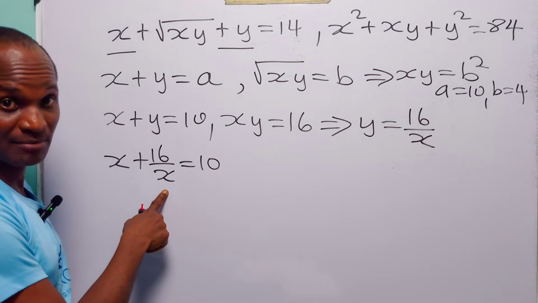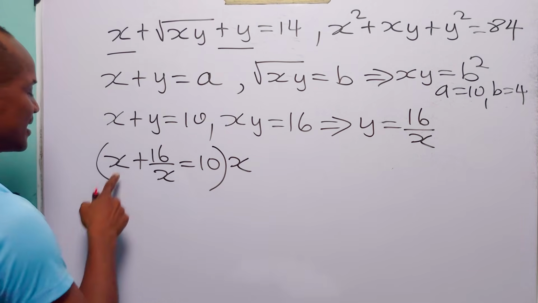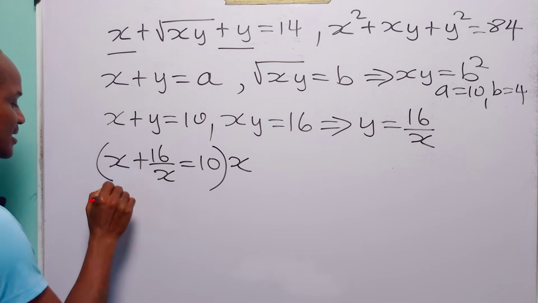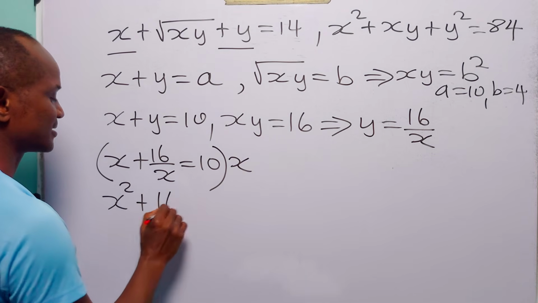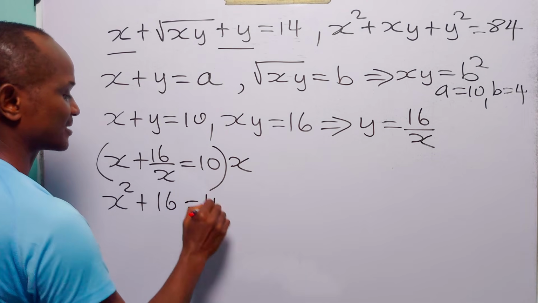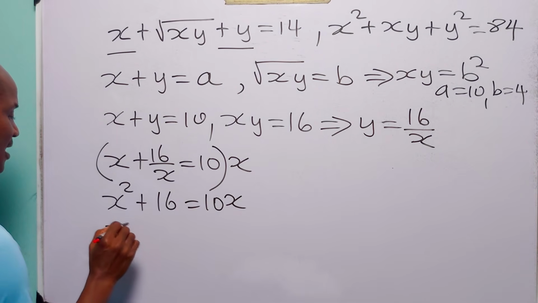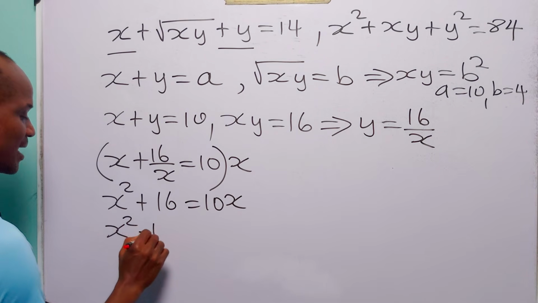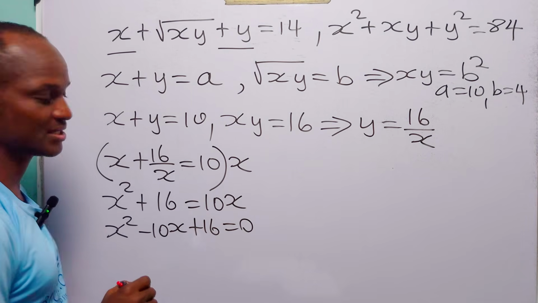Now, to get rid of this fraction, we multiply through this equation by x. x times x is x squared. 16 over x times x is 16, and 10 times x is 10x. Rearranging this quadratic equation, we have x squared minus 10x plus 16 is equal to 0.